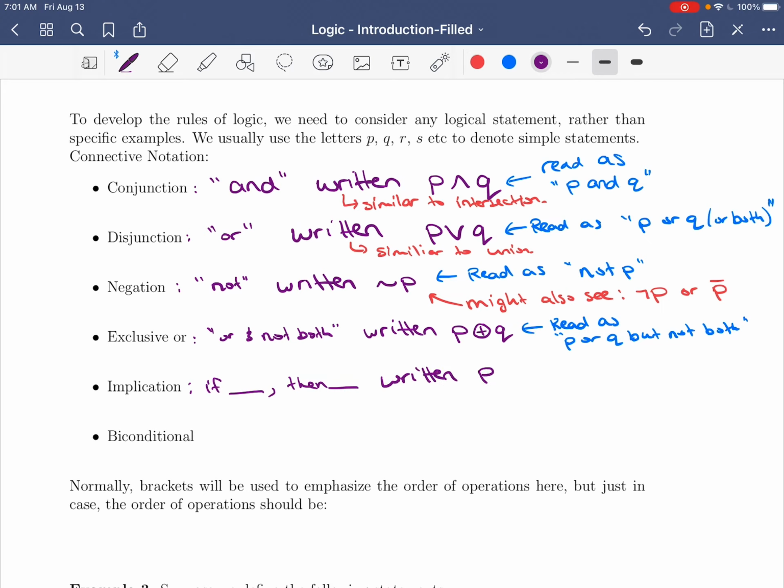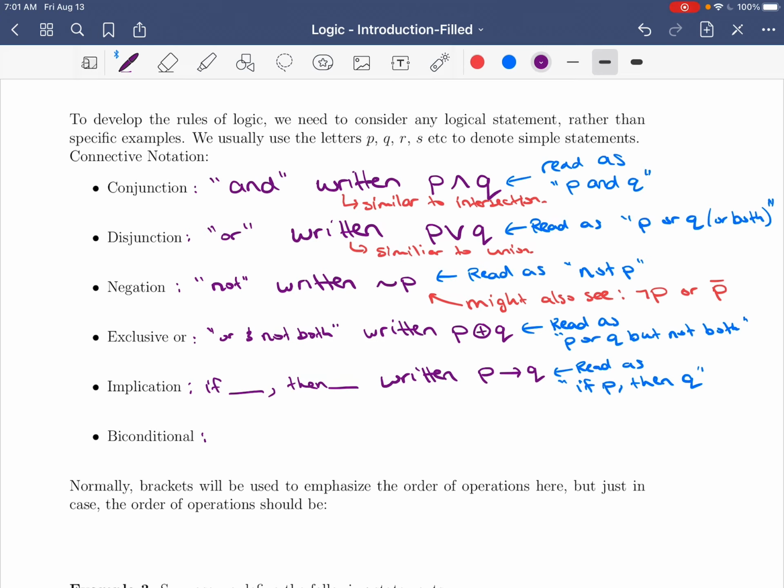So it's written P with an arrow Q. So you would read that as if P, then Q. Okay, and then we have the biconditional.